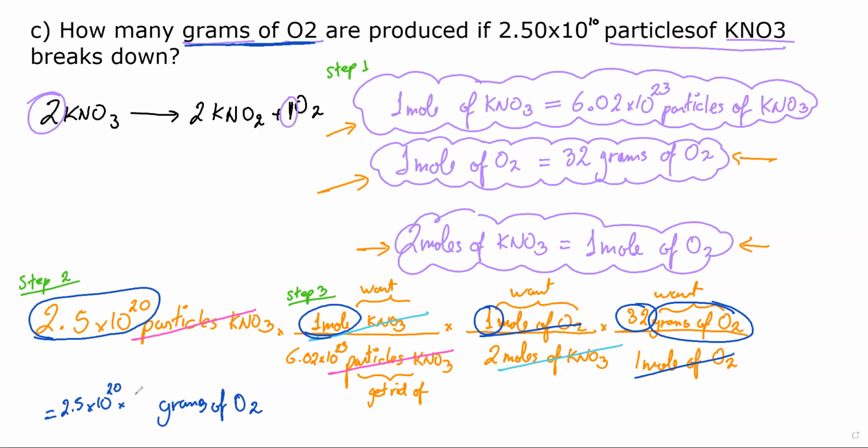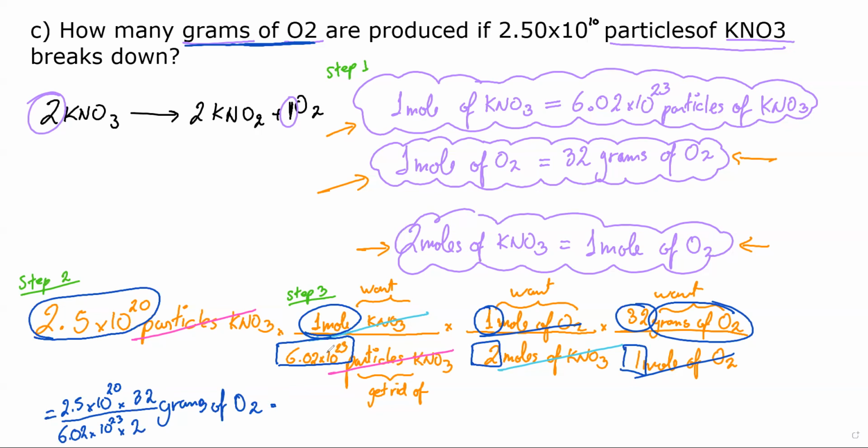We don't need to put the ones. And on the bottom, you put 6.02 times 10 to the 23 times 2 times 1. Again, you don't need to put times 1. And you can just calculate this with a calculator.